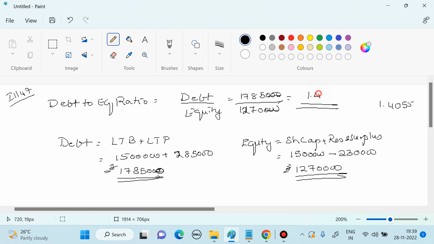So we can put it as 1.41 is to 1. Anybody got it? I'm still doing. Let me know once you're done.